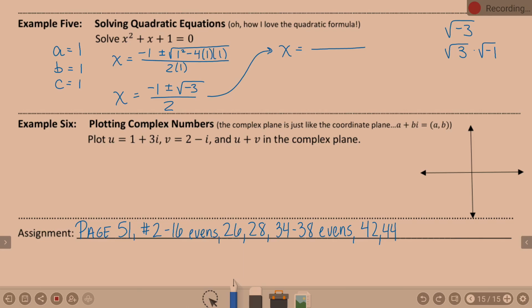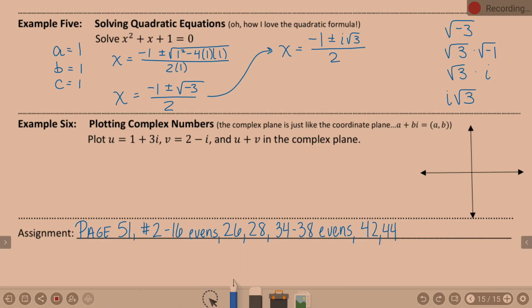So this is square root of 3 times i. Now, normal form, when you have square root of 3 times i, is to put the i out front and say i square root of 3, and that's just for cleanup's sake. You don't want the i to accidentally get under the square root and have the square root of i. That would just be weird. So -1 plus or minus i times the square root of 3 all over 2.